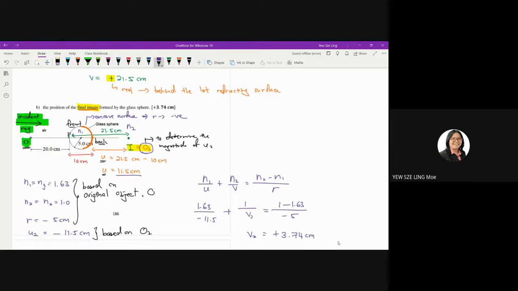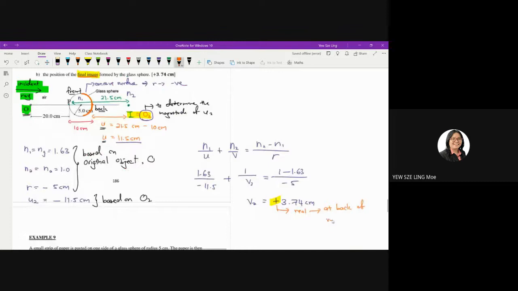So this is a real image, which should be formed behind the refracting surface. Which means if you want to sketch it in your diagram, then it should be somewhere here. Okay, this is your I2.